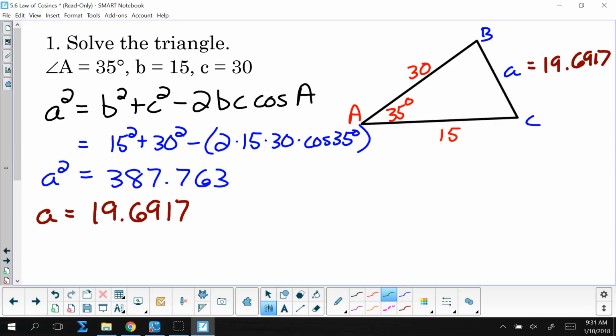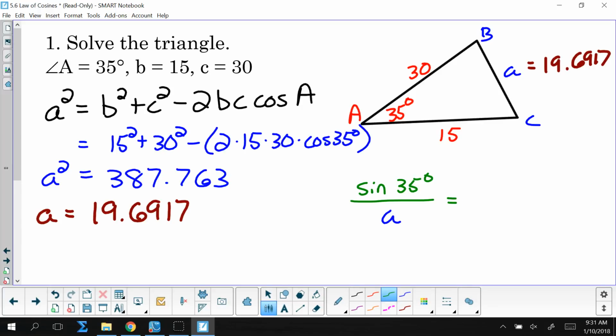Okay? So, the sine of 35 degrees divided by side A. Okay, and I'm just going to write it as side A. If you want to write it as 19.6917, and so on, you go right ahead.